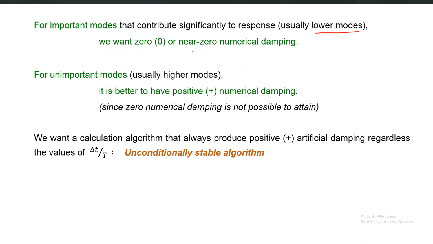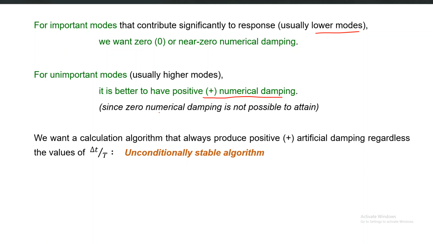For important modes, we want zero damping or near zero numerical damping. But for unimportant modes like higher modes, which may have very little contribution towards the dynamic response, we want only positive numerical damping, so that the solution is suppressed with increasing number of cycles, and since those higher modes will have negligible contribution, we will not result in very inaccurate results.